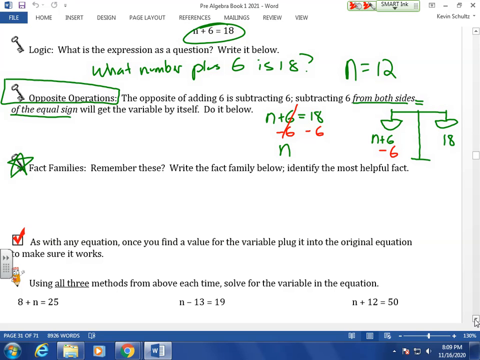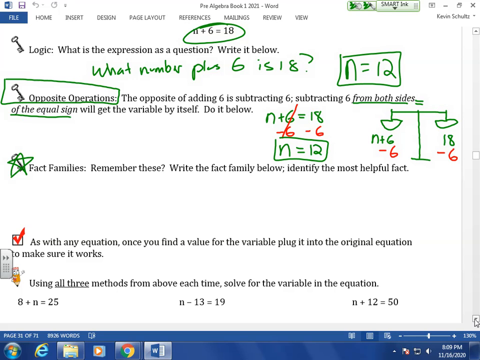We've taken that positive 6 away by subtracting it. You've got to do it to the other side also to keep that equation balanced. Subtracting 6 from both sides will not change the value of the equation. And as you can see, 18 minus 6, lo and behold, is 12. We get the same answer that we got by doing it mentally.